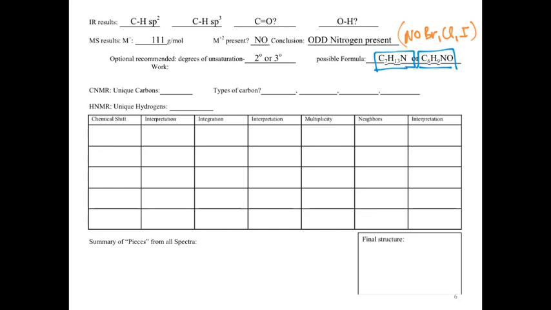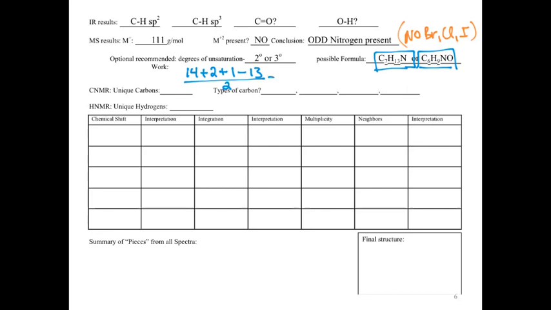To get the degrees of unsaturation, remember I posted in that last video that silly formula to go through and do that work. So for our first formula, our C7H13N, the way it would work is we take 2 times the number of carbons, which is 14, plus 2, plus the number of nitrogens, which is 1, minus the number of hydrogens in our formula, which in this case is 13, and we divide that all by 2.